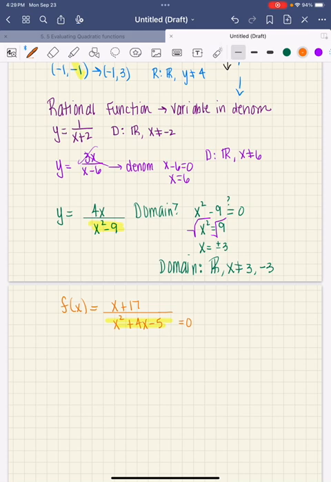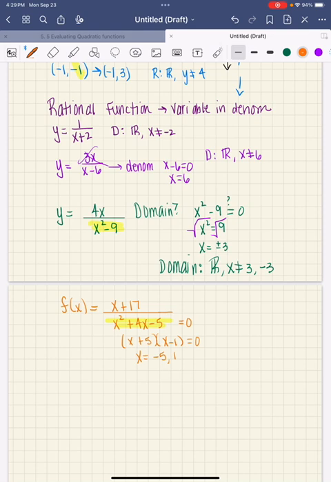And now this is a factoring problem. It factors as x plus 5, x minus 1. So we've been doing this now for a little while. So x is negative 5 and positive 1.